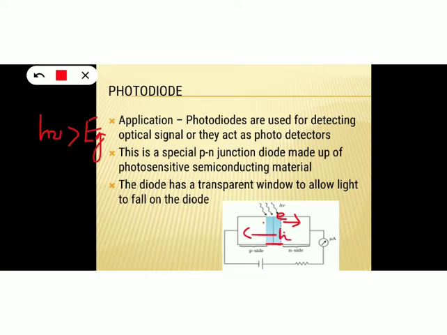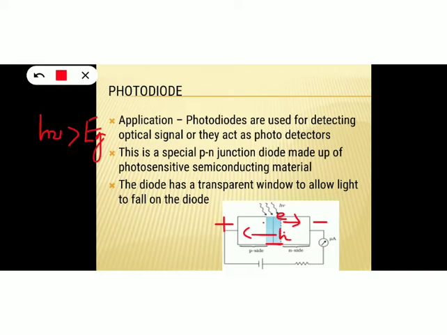As a result, the n side gets more and more electrons and the p side gets more and more holes. So the n side becomes more and more negative and the p side becomes more and more positive. Thus a potential difference is generated between both ends of the photodiode.